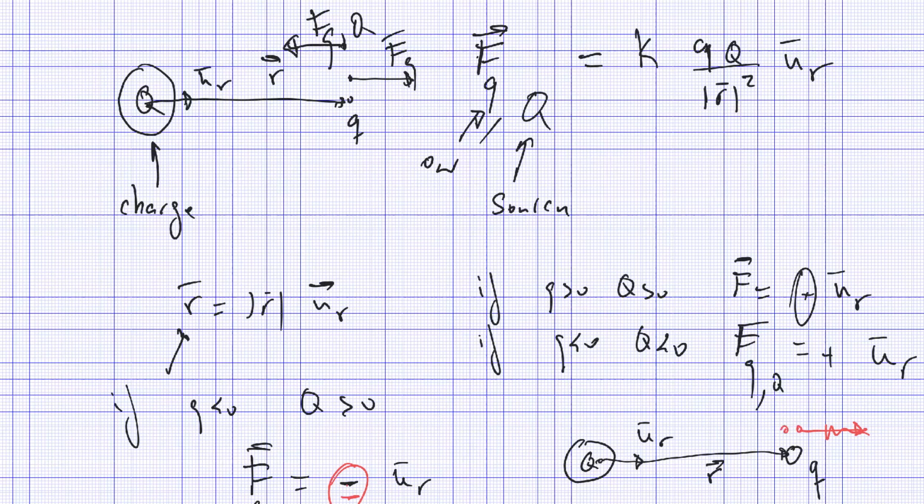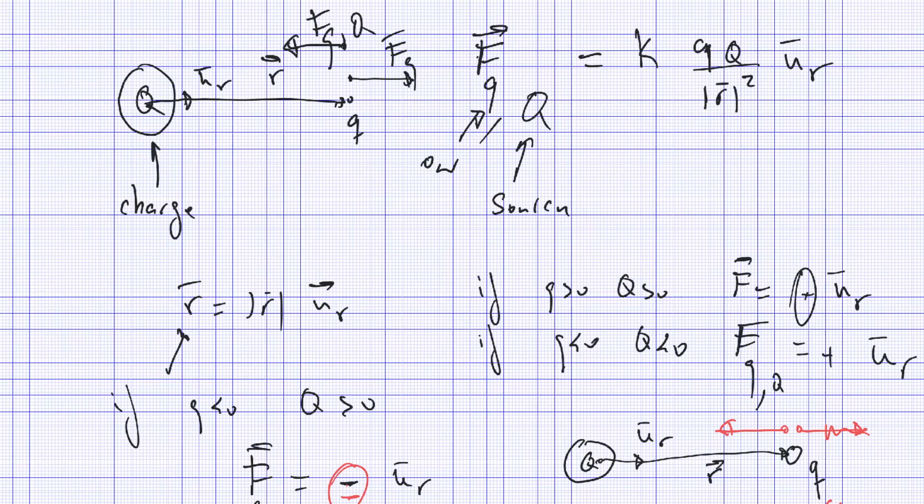So it's going to be like this. So when the charges have different attributes, the force acting on little q is an attractive force. You can do the same kind of argument using little q as the source and capital Q as the point of observation.